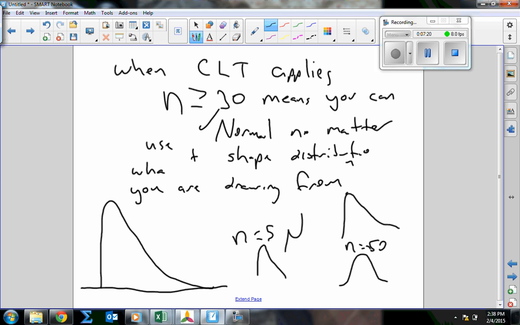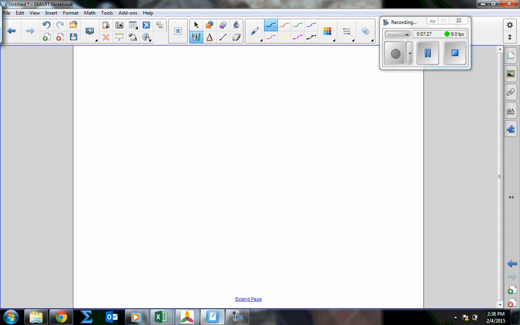So for instance, if it tells you that your distribution is left-tailed, then you would know that samples drawn from this would resemble left-tailed until you get around that 30 point. And then some of the exercises we looked at, you saw how quickly it actually normalized. It did around 20 or 25, but 30 is the magic number for this test, central limit theorem.